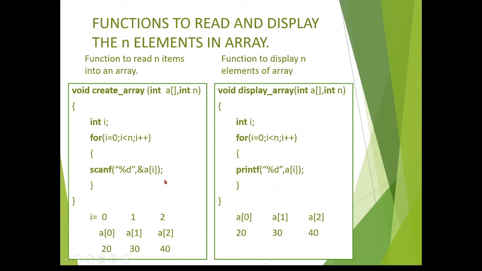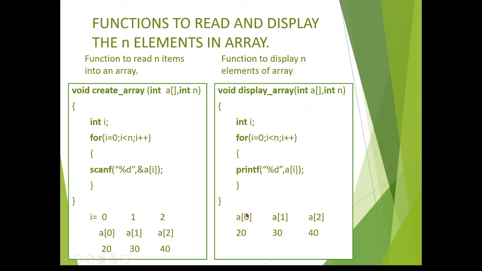After taking elements into an array, we need to display the elements from the array. So here is the display function. The function name is display array, the return type is void, and the parameters are a, that is the array, and n, the number of items which need to be printed. i is the local variable, and the for loop is for iteration purpose.